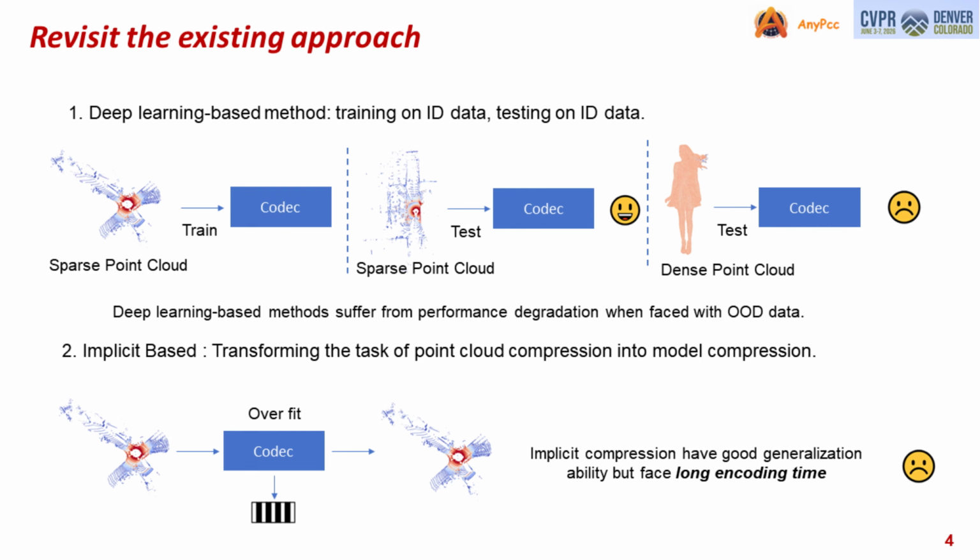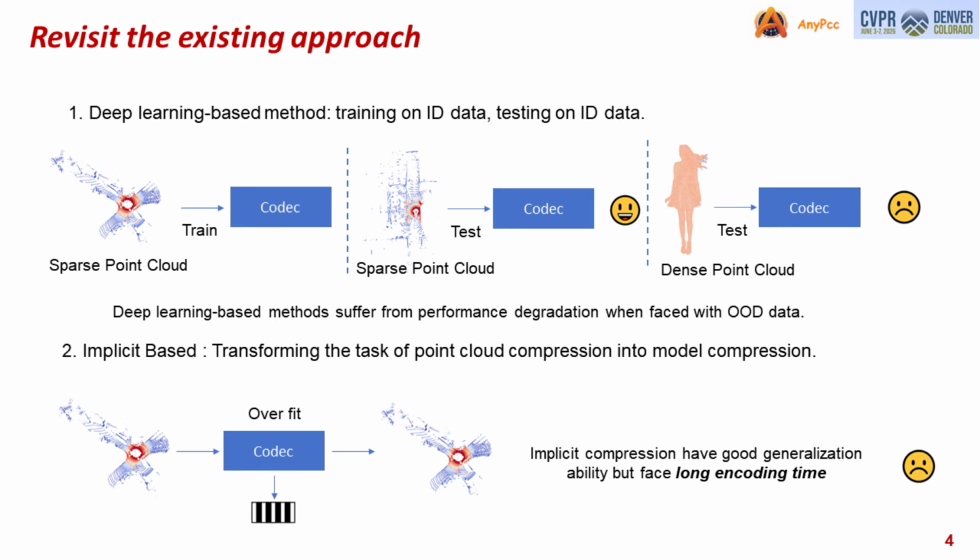First, most learning-based compression methods are trained and tested on similar data distributions. They work well on in-distribution data, but their performance often drops significantly when facing out-of-distribution point clouds. For example, a model trained on sparse point clouds may not generalize well to dense point clouds.